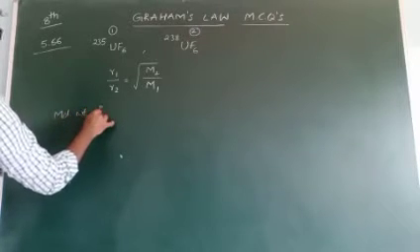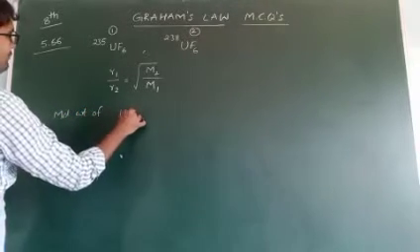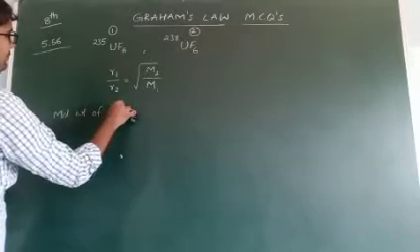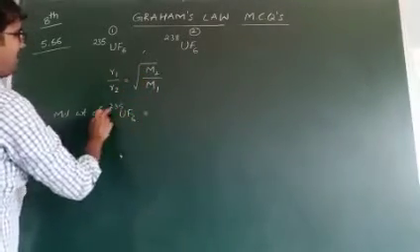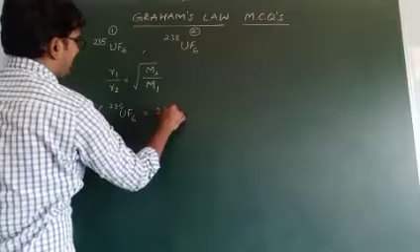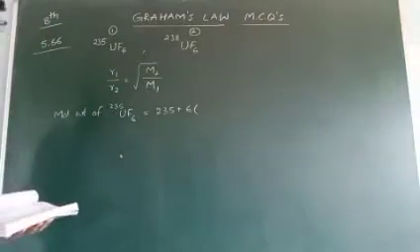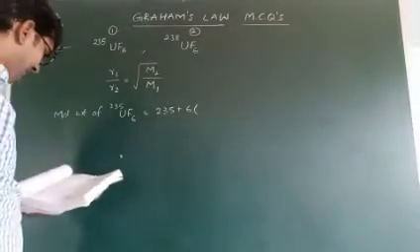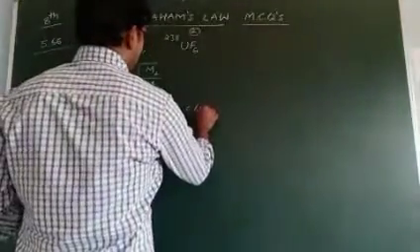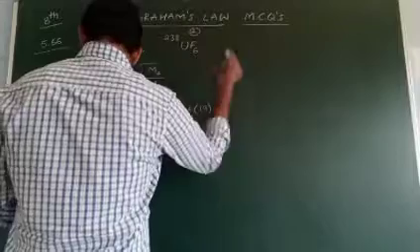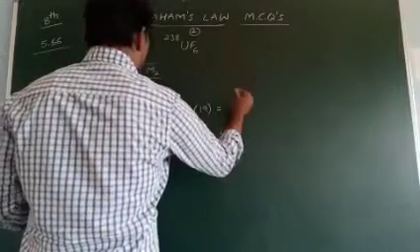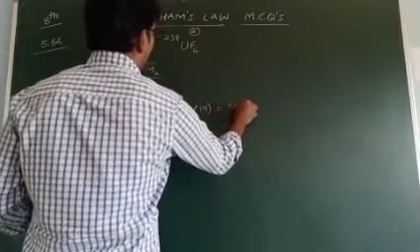Molecular weight of UF6 235: uranium atomic mass 235 plus 6 into fluorine atomic mass 19. Okay, 6 into 19. So the first molecular mass is 349.